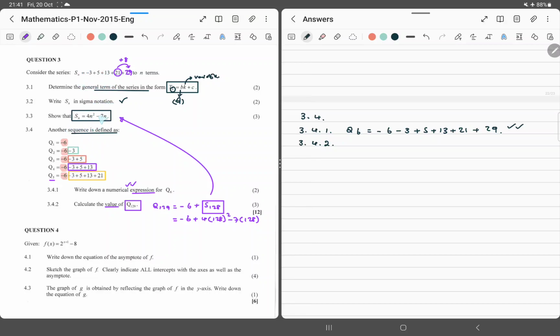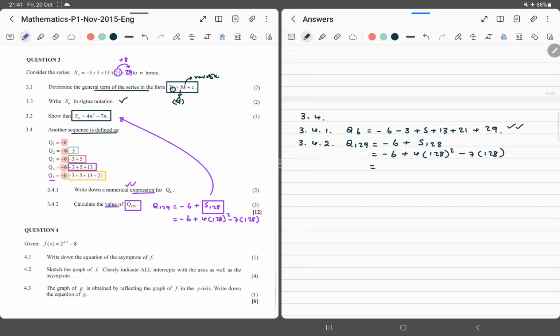Sometimes certain questions build from one another. Okay, so we can safely say Q129 is going to be minus 6 plus S128. This is minus 6 plus 4 into 128 squared minus 7 into 128.